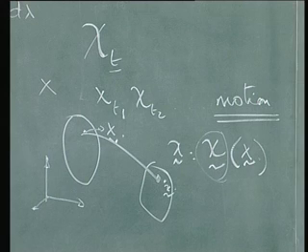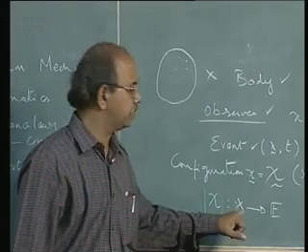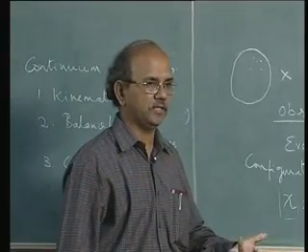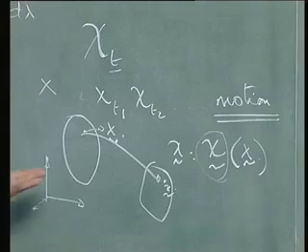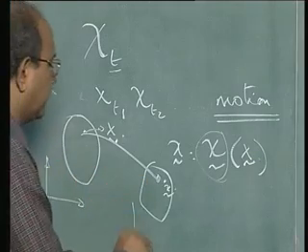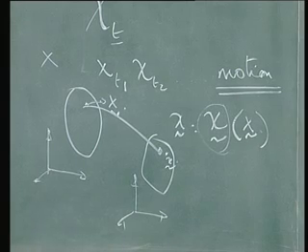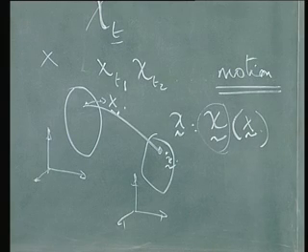Since I had already defined that the configuration of a body is one which takes a point to a Euclidean space, obviously x is in a Euclidean space, which means that I can look at it as a point which is defined in a coordinate system. Is that clear?